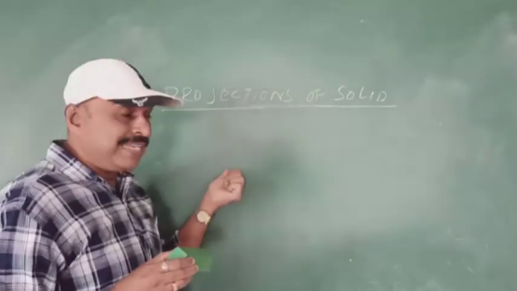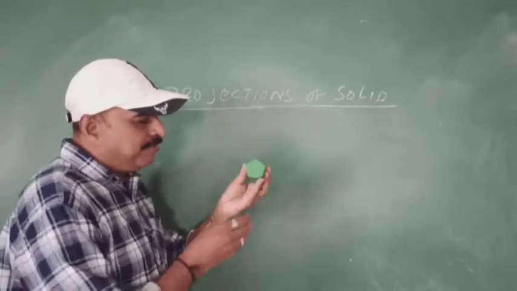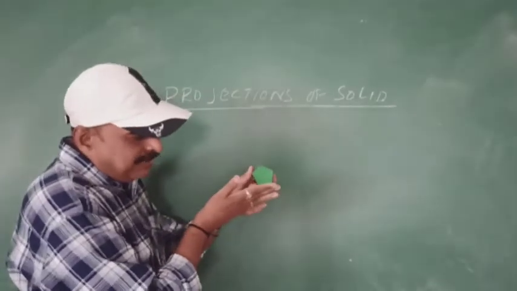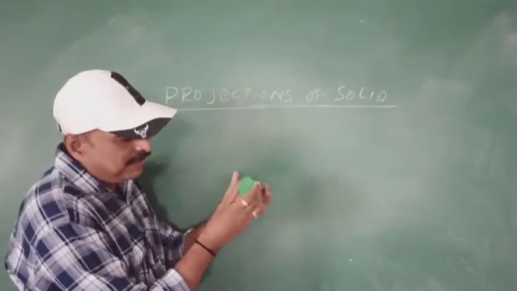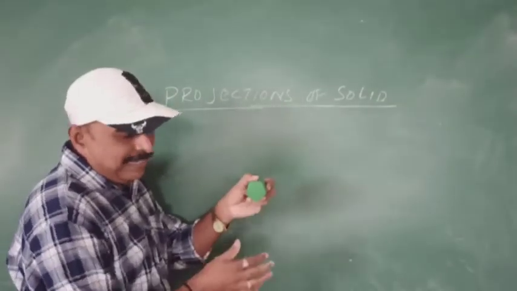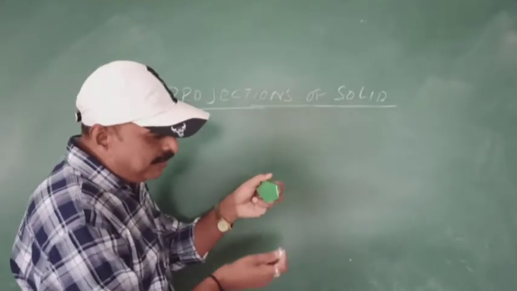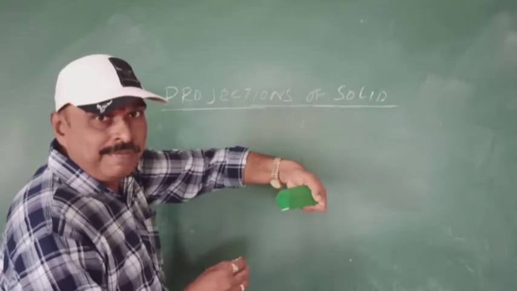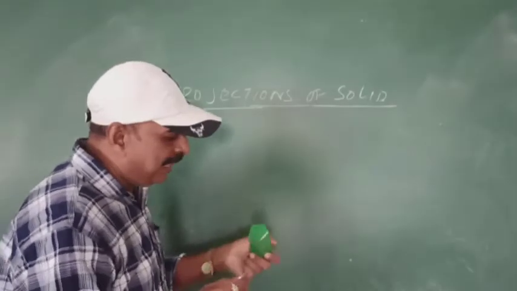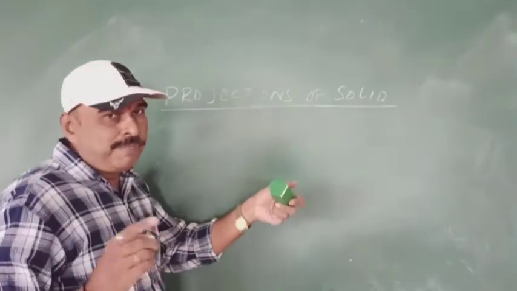Similarly, when the axis is perpendicular to VP, here also the base side is parallel to HP, perpendicular to HP, or inclined to HP. Like that, you can draw the projections: front view, top view, and side view.